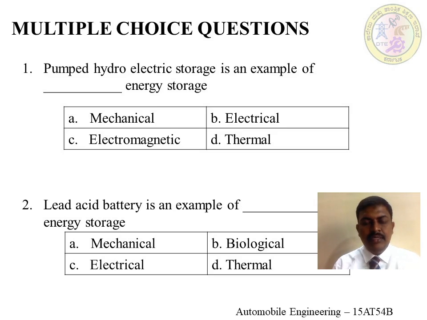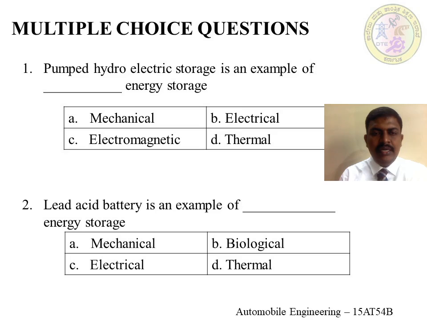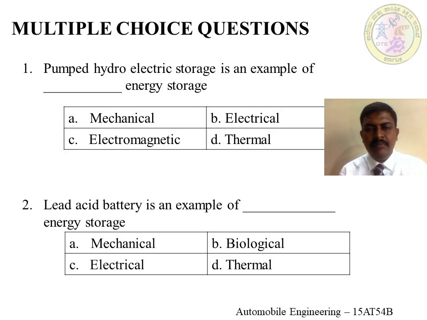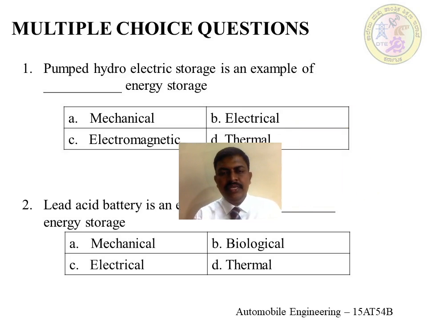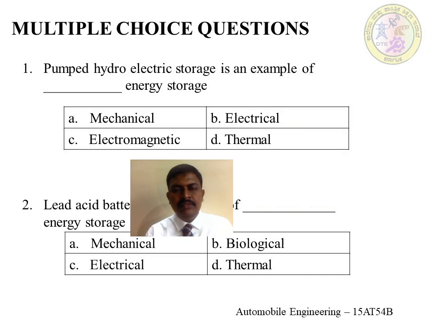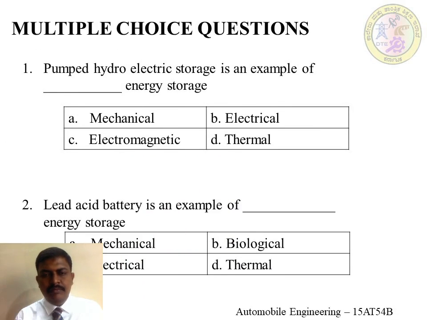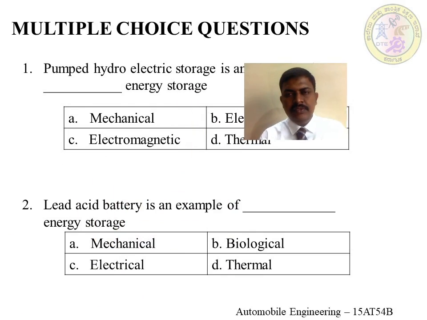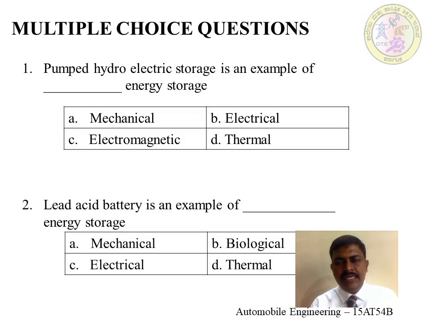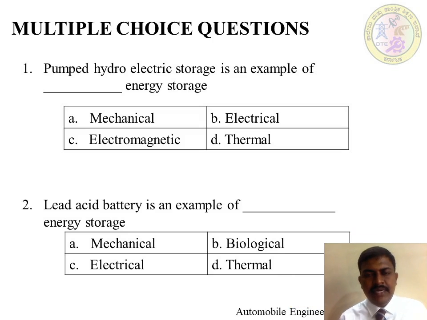Second question, sorry. Lead acid battery is an example of dash energy storage. The options given here are A, mechanical, B, biological, C, electrical, and D, thermal. I will repeat the question, sorry for the interruption.